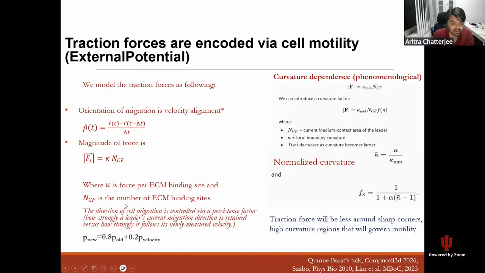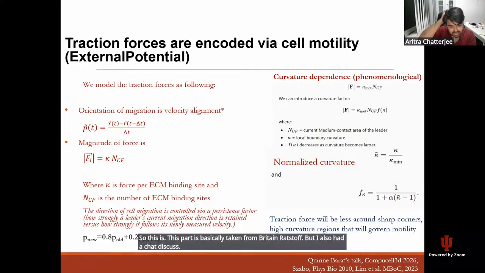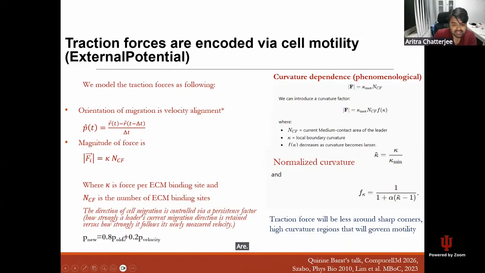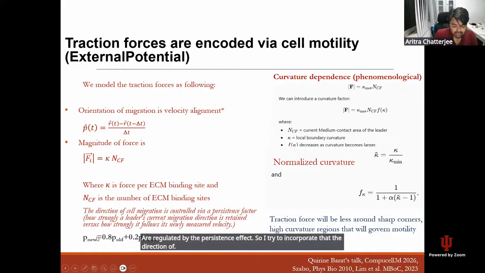So this part is basically taken from Corinne Bradstock, but I also had a chat with Pedro, where he suggested that the migration behaviors are regulated by this persistence effect. So I tried to incorporate that the direction of this force can be affected by this persistence parameter, where P depends on the weightage factor I assign to the old and the new.